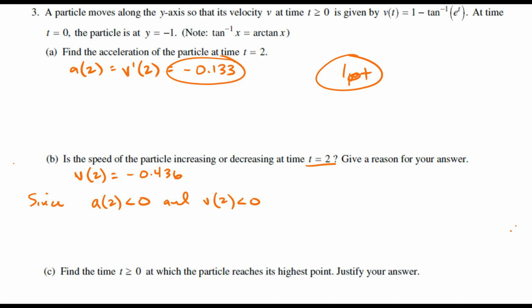So since a of 2 is less than 0 and v of 2 is less than 0, the speed is increasing. And the key word here is that it's speed, not velocity. Remember, velocity is the speed with a direction. So speed is just how fast is it going. I don't care which direction it's moving.